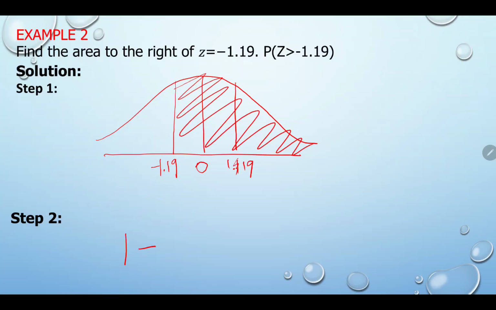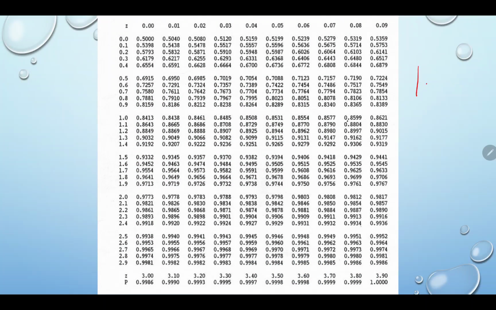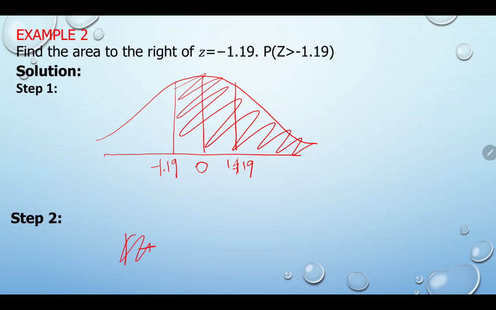Positive 1.1, and then 0.09. Ito siya. So, 0.8830. Yan. So, hindi natin kailangan mag-minus since kinuha natin yung kanyang symmetrical, no? Kasi pinapakuha ito to the right, pwede natin kunin yung to the left since symmetrical sila.